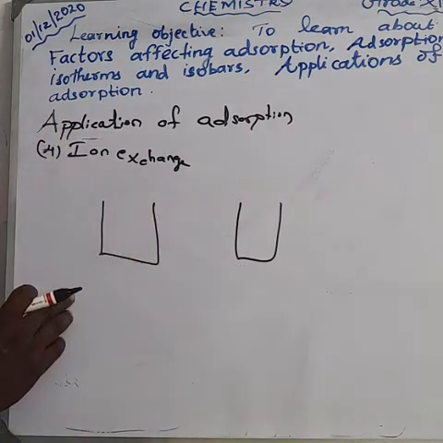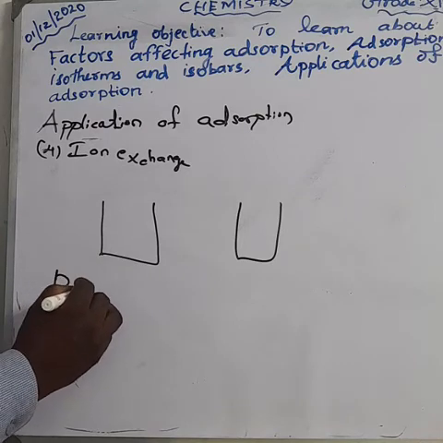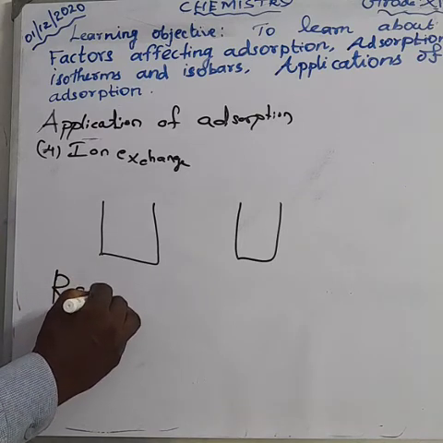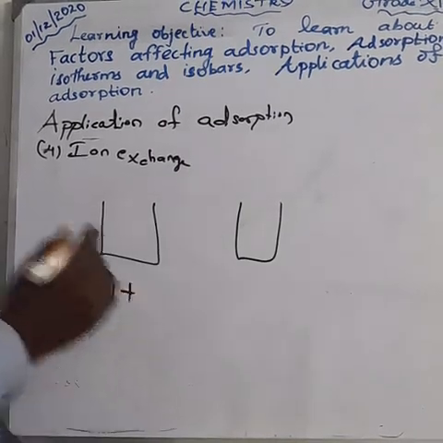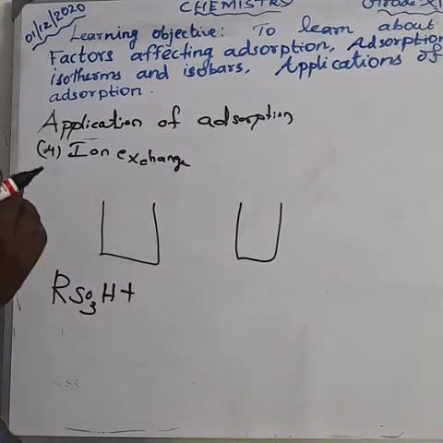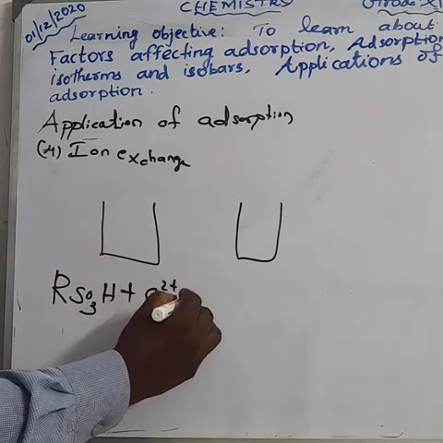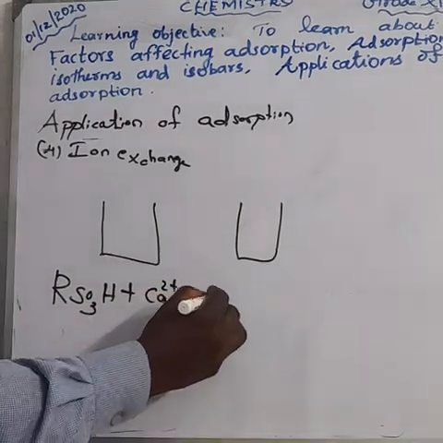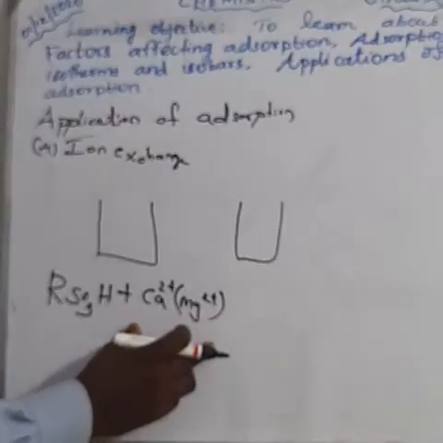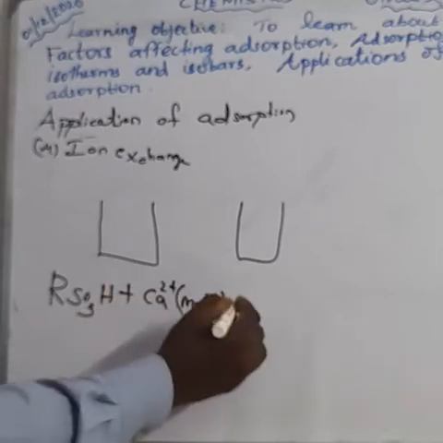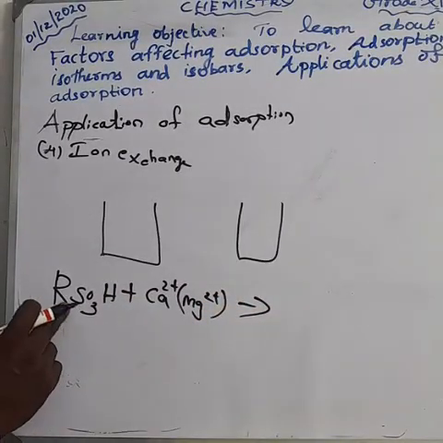First, we take the cationic resin, RSO3H. Here we are taking two cations, Ca2+ and Mg2+.